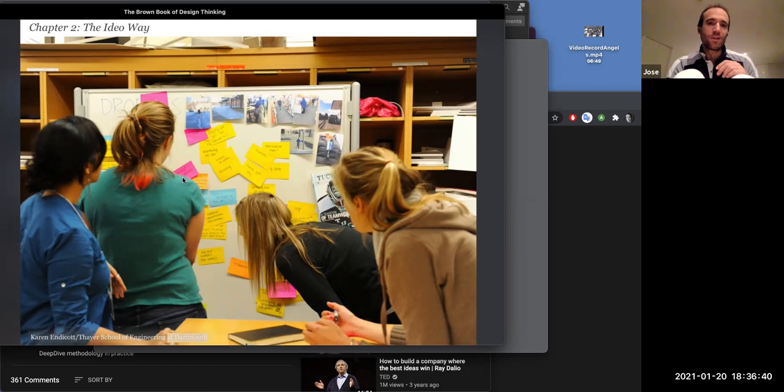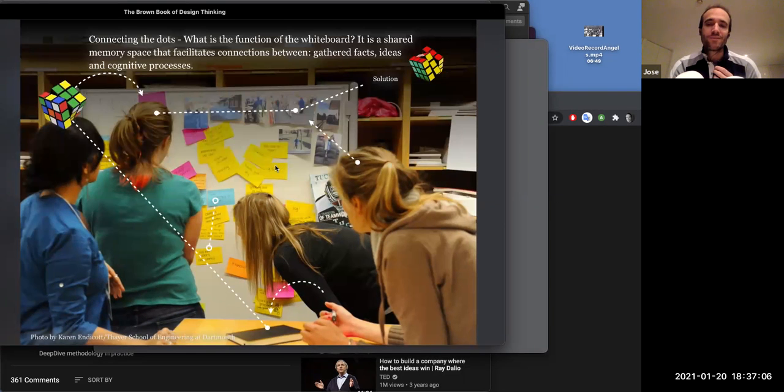This is all the information on the board that they have gathered after the brainstorming, right? The post-its represent ideas they had during the brainstorming, or information they gathered. The photos are information about the problem they need to solve. They put everything on the board, and now they're trying to connect ideas.